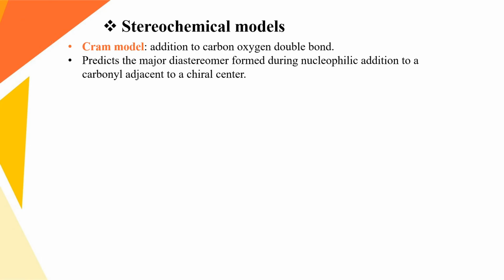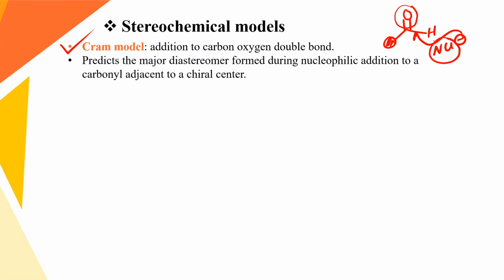The Cram model is used to predict the stereochemistry during nucleophilic addition to the carbon-oxygen double bond. That means you have a carbonyl compound here, with this group and this one maybe H, and you do a nucleophilic addition. Now you want to predict the stereochemistry of O as well as of Nu.